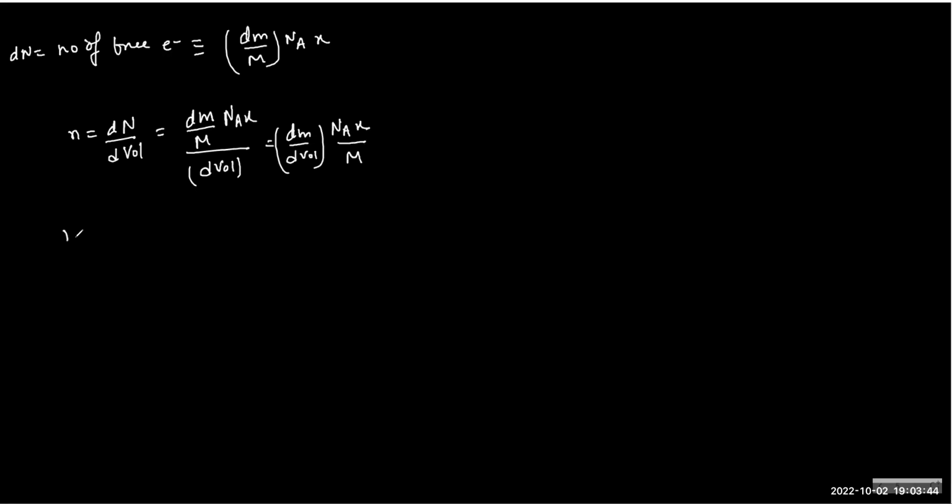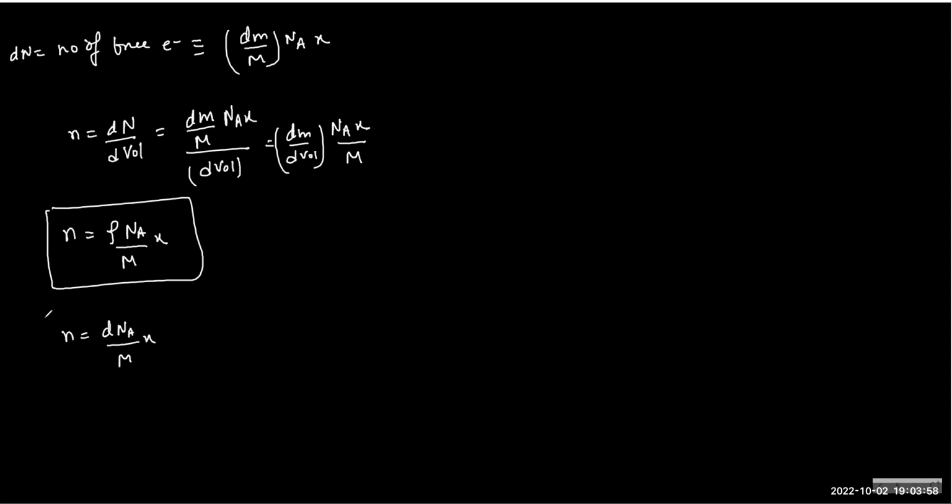And we all know mass upon volume is called density. Some books use the density as d, so it's easy to remember: d N X by A.